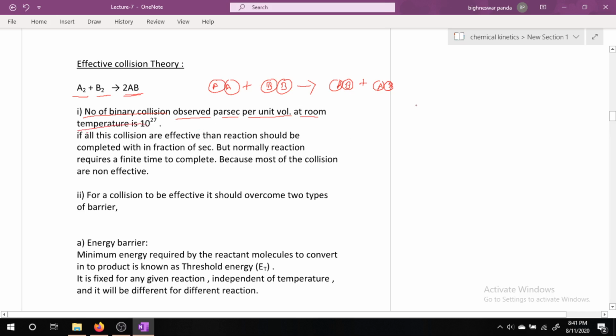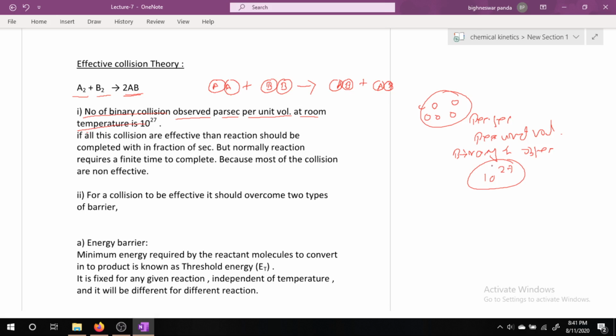That means if two molecules undergo collision in a beaker, there are many molecules and they undergo collision, that will be a binary collision, and these binary collisions are 10 to the power 27 times.